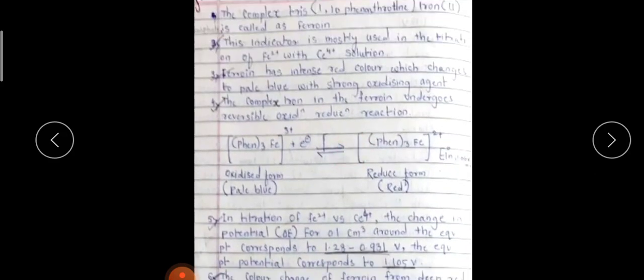The complex tris(1,10-phenanthroline)iron(II) ion is called ferroin. The indicator is mostly used in the titration of Fe2+ with ceric Ce4+ solution. Ferroin has an intense red color which changes to pale blue with a strong oxidizing agent. The complex ion in ferroin undergoes a reversible oxidation reduction reaction, as you can see.